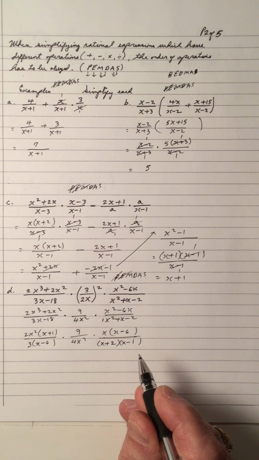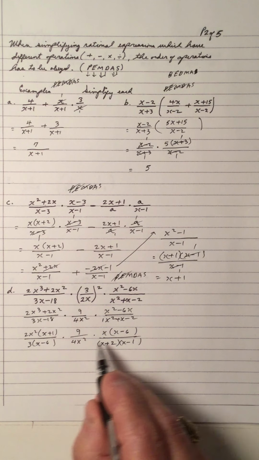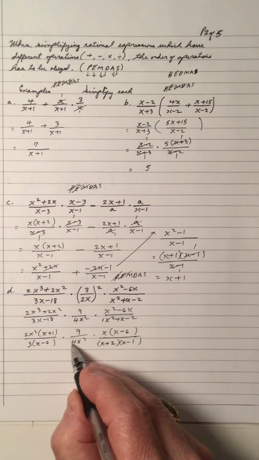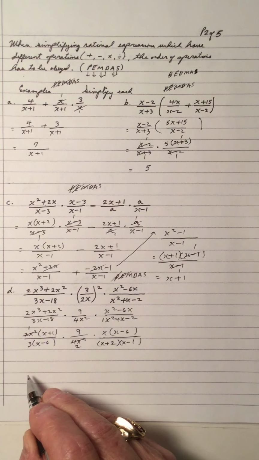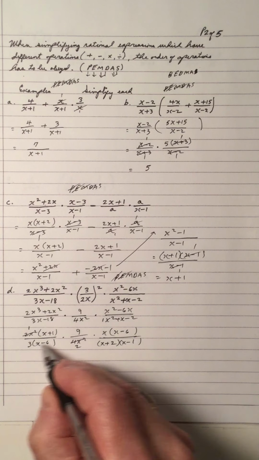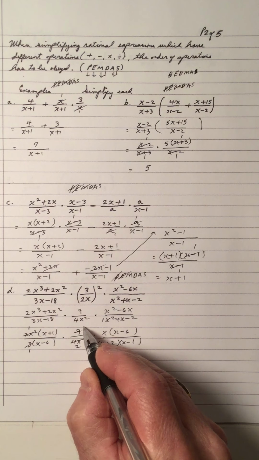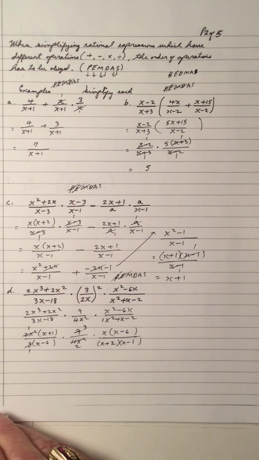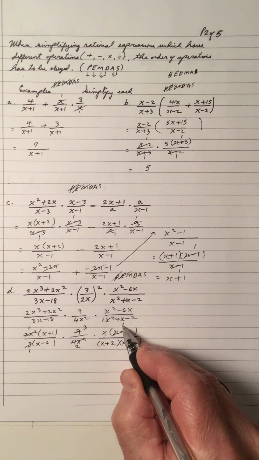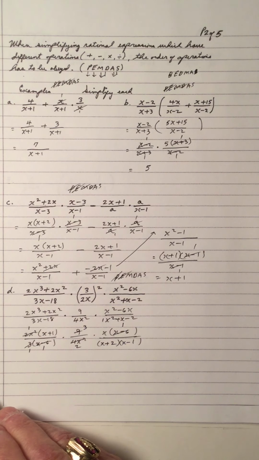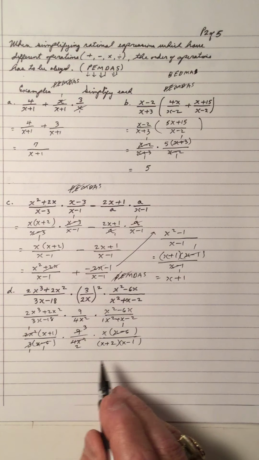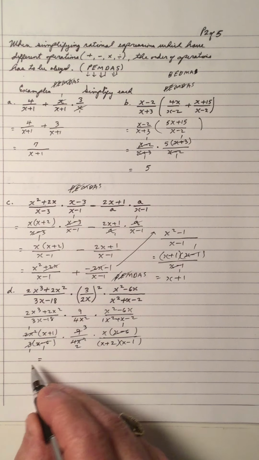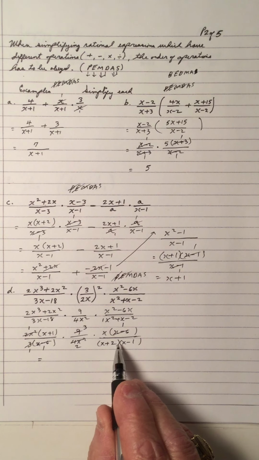Okay, can we cancel? Let's see, I've got a 2x squared and a 4x squared, so that is once, and that's twice. I see a 3 once, 9, 3. I see an x minus 6 once. Now, do I have x plus 1? No. So in the final answer, x plus 1 is not on the bottom.